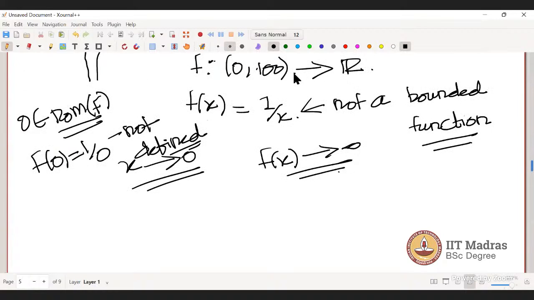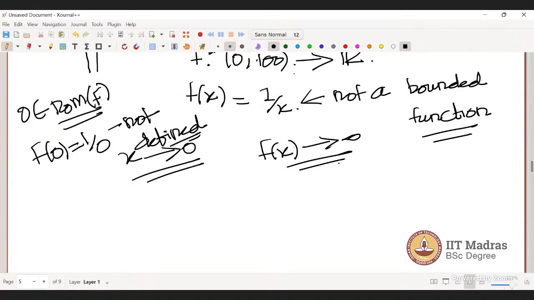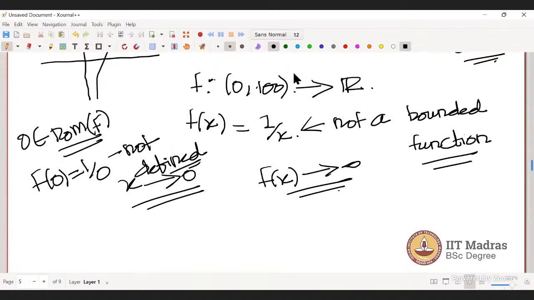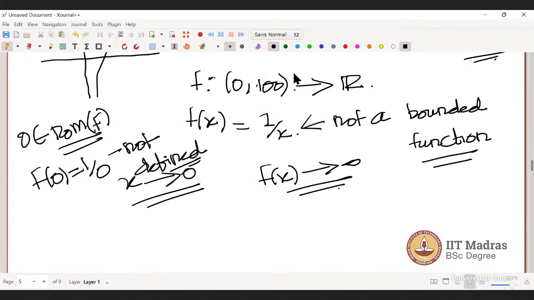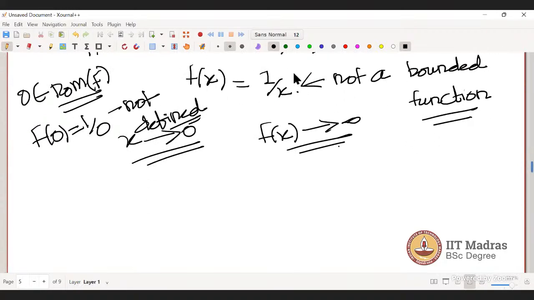Basically, if we have a range, like 10 to the power minus 10 and 10 to the power 10, any value in between can happen. So we have no idea whether it will be a bounded function or not, because we have no fixed value for that. Exactly.